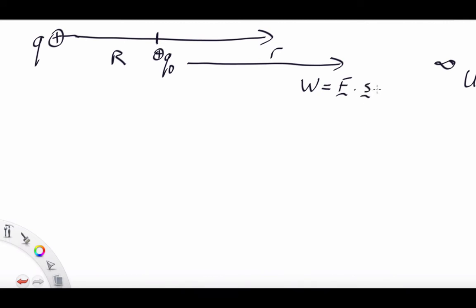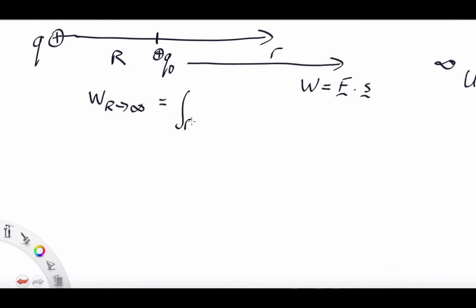The reason it's 0, remember, is that the potential energy is the work done, which is the force times the distance. By the time you're out here at infinity, the Coulomb force or electrostatic force is 0. So potential energy is 0 out there. So let's have a look at the work done by the field moving out to infinity.